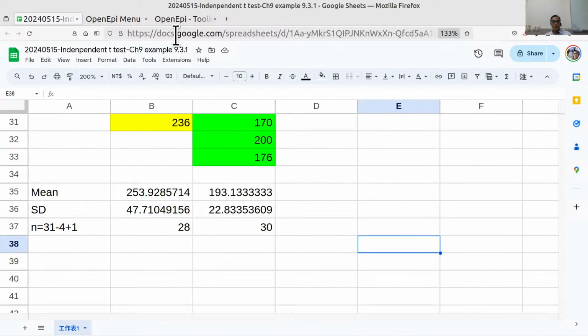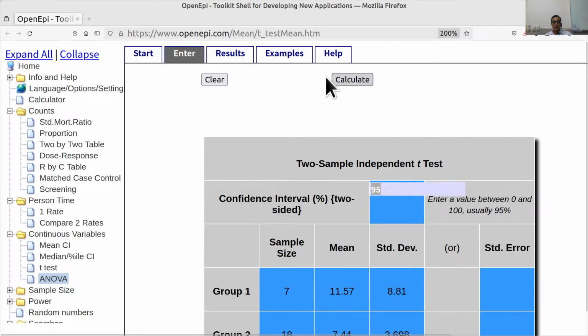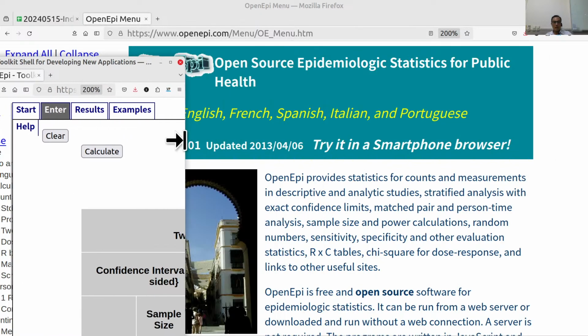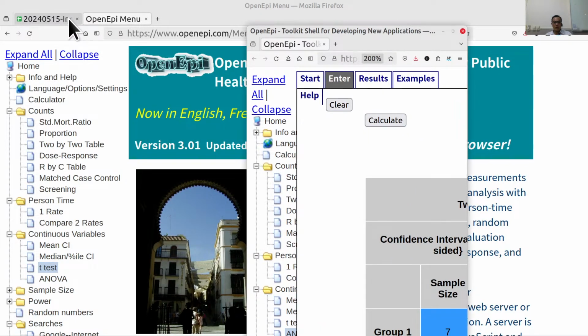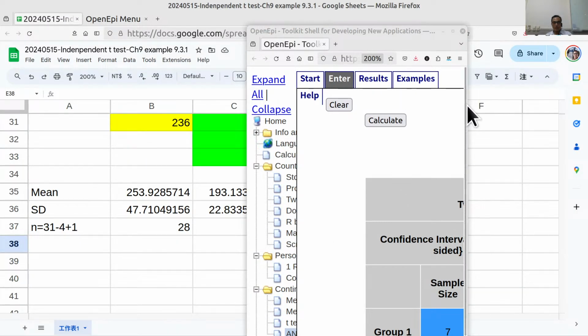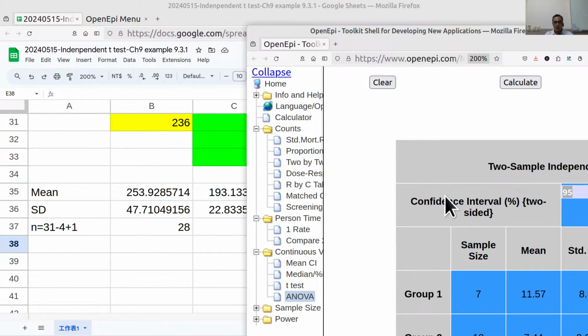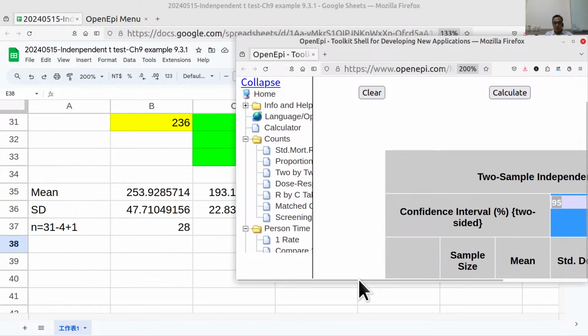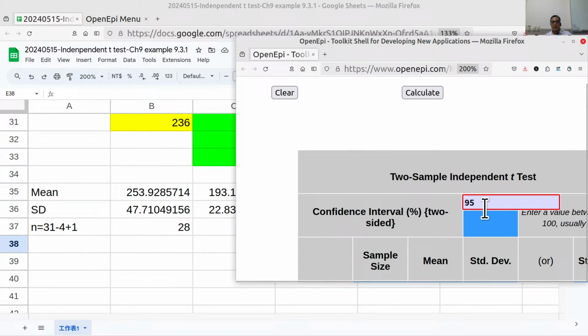Okay, let me show you how to do this. Okay, then here, you can set different confidence intervals, but the 95, in other words, the p-value criterion is set at 0.05.